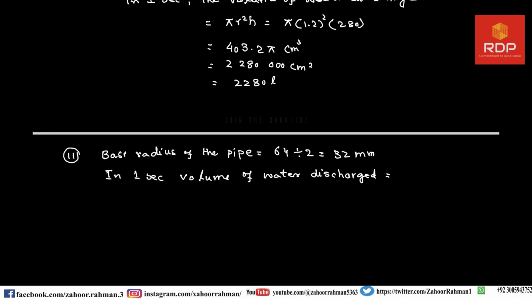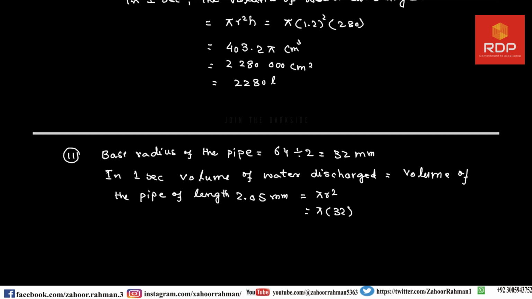is equal to volume of the pipe of length 2.05 millimeter, which is equal to pi r square h, and we are simply inserting the values.